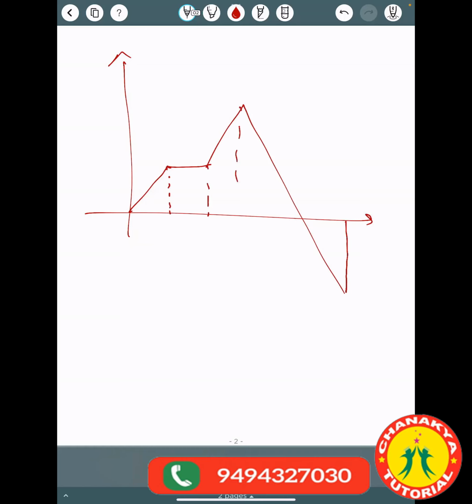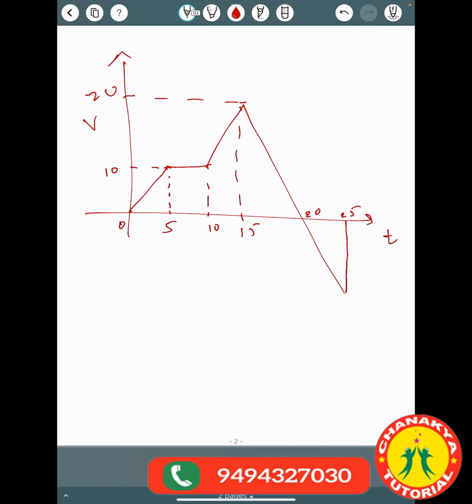Yes, sir. So this is the question, right? 0, 5, 10, 15, 20, 25. Then this is 10. Then this is 20. Correct? Yes, sir. A velocity versus time graph is given.